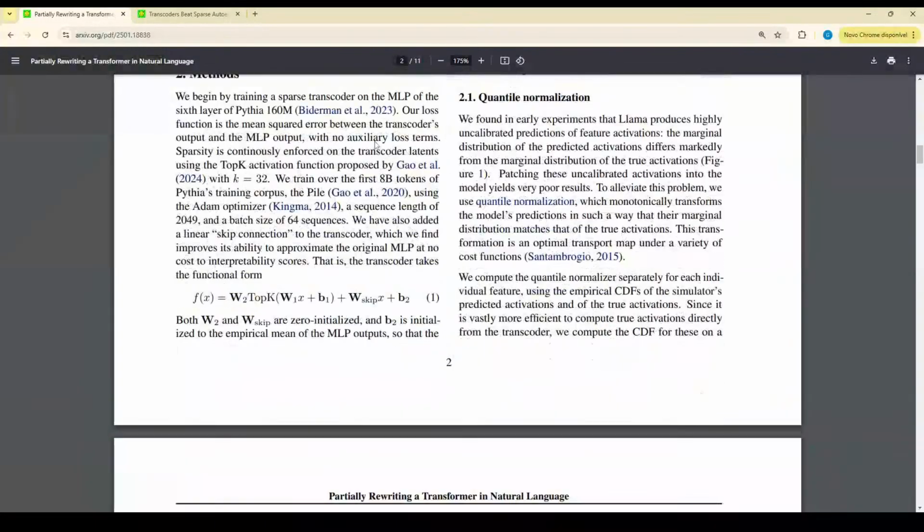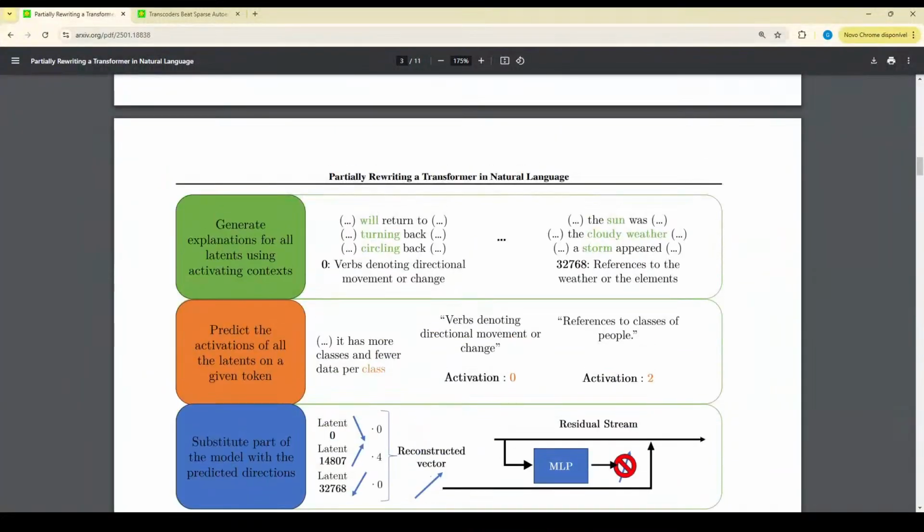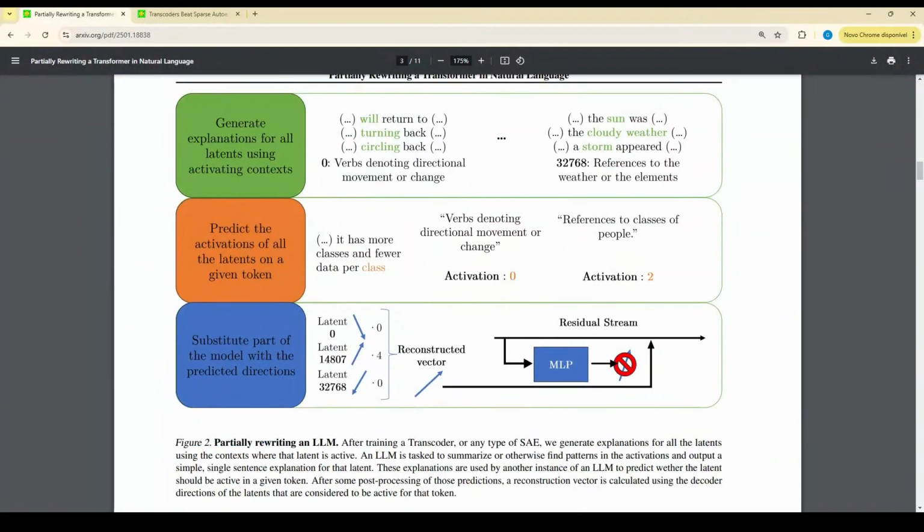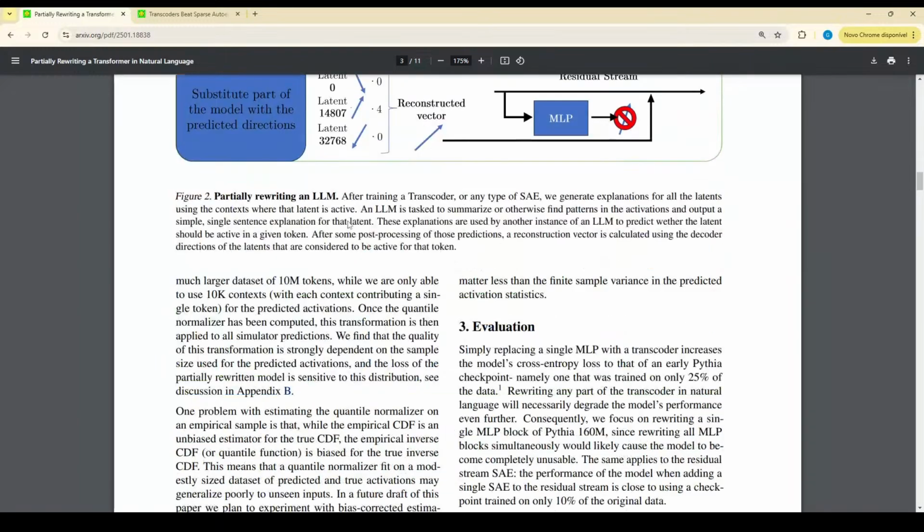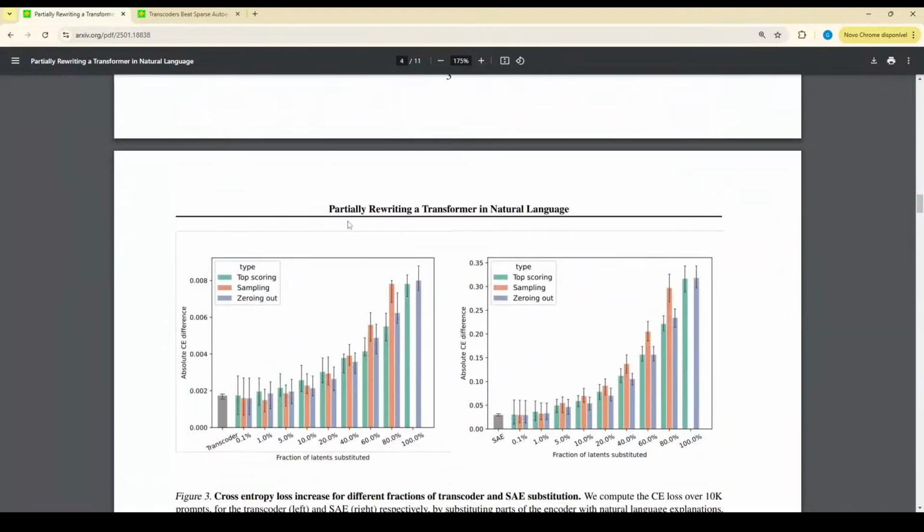So what are the results of this? In a perfect world, you'd be able to do this and get a model that behaves similarly to a model where you didn't do this intervention. Sadly, we barely get better results than completely zeroing out the MLP. Here we are measuring the cross entropy increase from this operation.